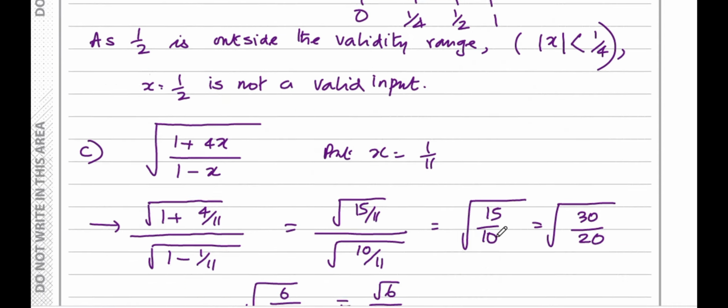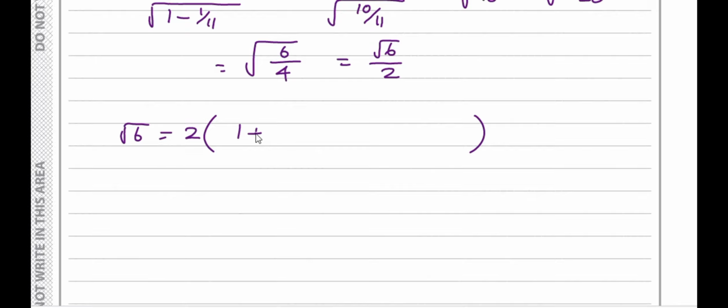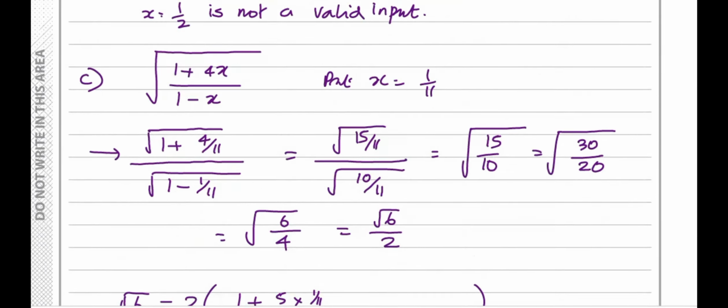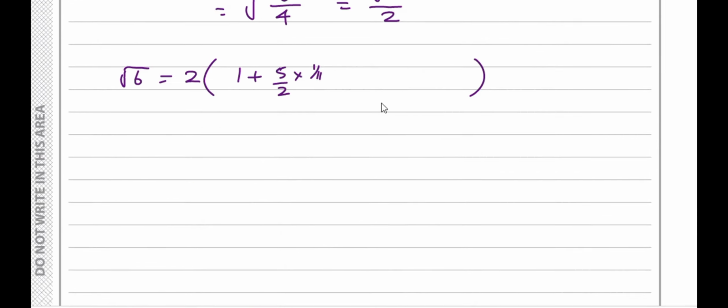1 plus 5x over 2. 1 plus 5 over 2. Then we will be writing 1 over 11 because x has to be replaced with 1 over 11. Right? And then minus 5x squared over 8. Minus 5 over 8 times 1 over 11 squared. Simplifying this, square root of 6 is equal to 2 times 1, 2. 2 times 5 over 2 is 5.